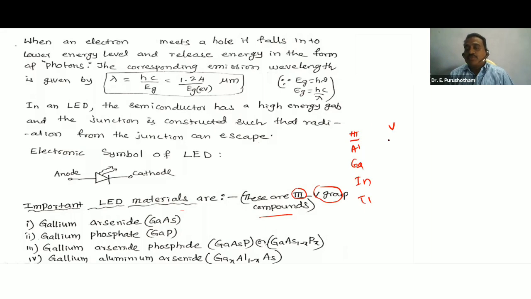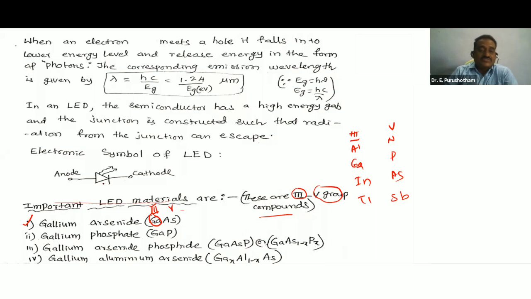What are the fifth group elements? Nitrogen, phosphorus, arsenic, antimony. For example, the first one, what is the first one? Gallium arsenide, GaAs. What about Ga? Ga is a third group element. What about As? This is a fifth group element. So these compounds are third and fifth group elements.